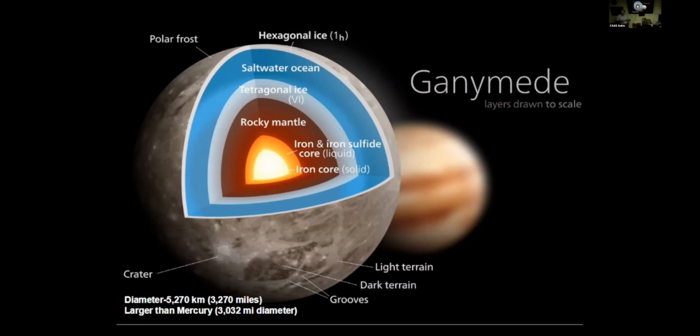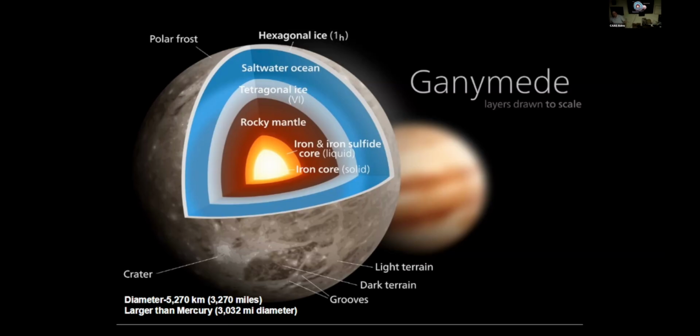It's, as I said, the largest moon in our solar system. It's 3,270 miles in diameter. It's larger than the planet Mercury. Now, the reason it's so large is that all the sun's energy, solar winds, blew away all the water, ices, and heavy gases away from Mercury and the inner planets, but not the outer planets.